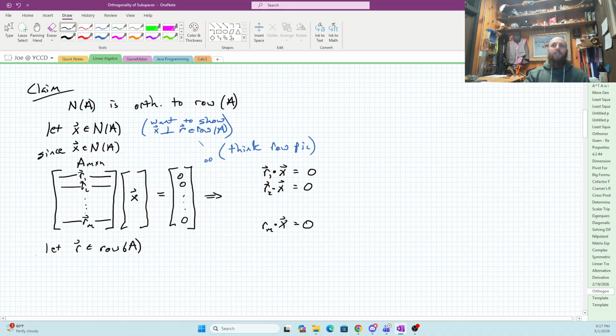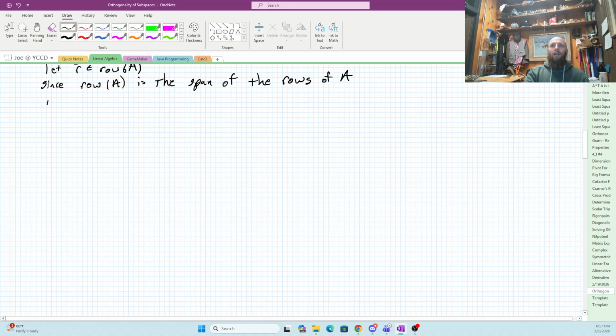If R is in the row space of A, since the row space of A is the span of the rows of A, this means R is some linear combination of the first row, the second row, and on out to the mth row.